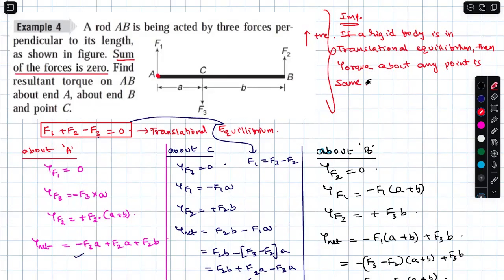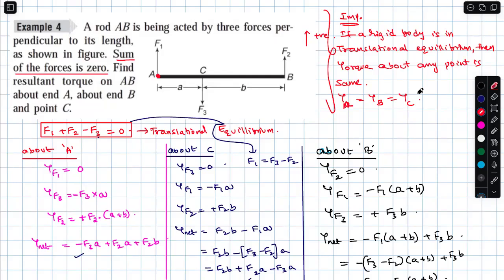Whether you apply it about A or about C or about B, you get the same answer, which means the torque about A is the torque about B is the torque about C. This is a very important observation. So only in translational equilibrium can you apply it. If it is not in translational equilibrium, you cannot apply it.